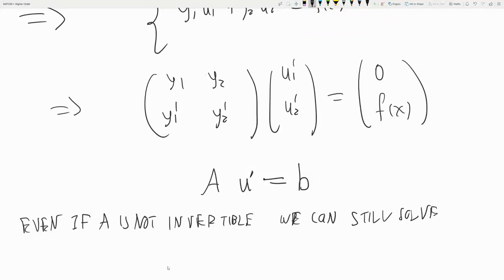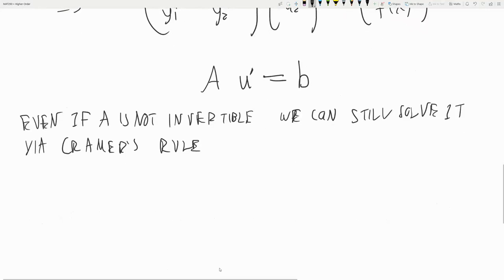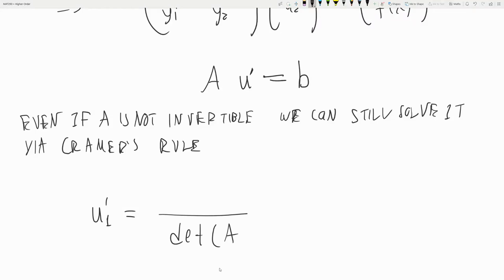So you did this last year in 187. That means u1' is equal to the determinant of A, where you replace the first column by what's on the right-hand side.